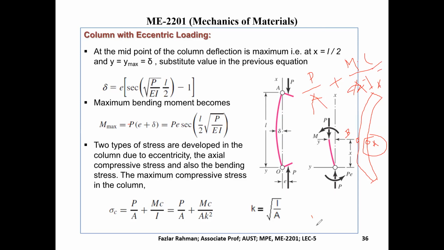At B, it also has direct compression, P by A, right? But for bending it is tension, so you put minus. So you put sigma as minus MC over I, right? Yes, sir. So you see, even if you put the bending moment negative over here, this formula will be negative and this will be positive.